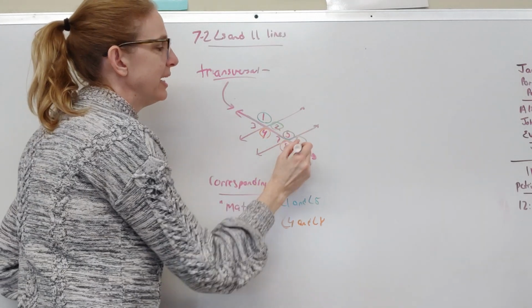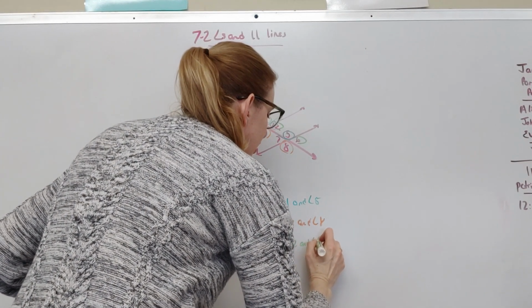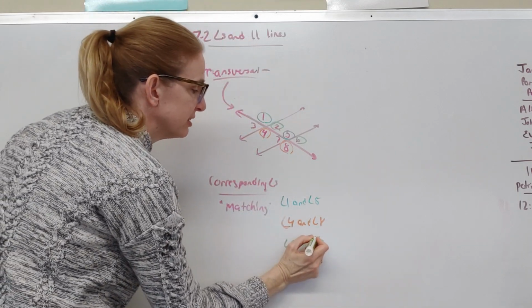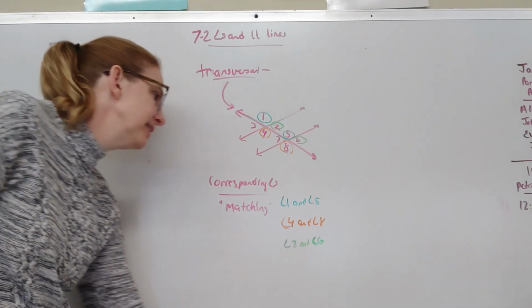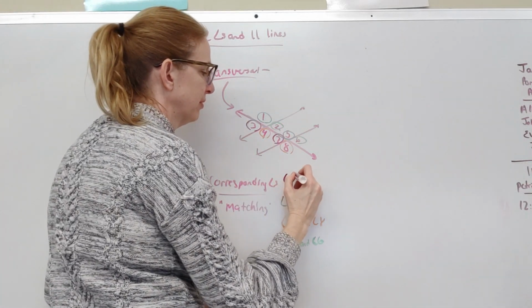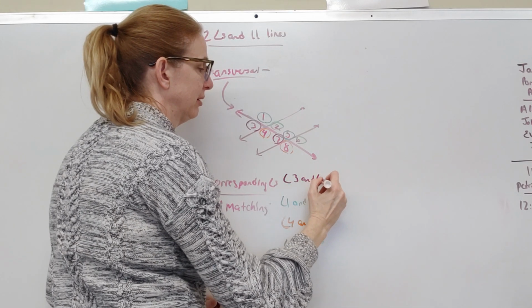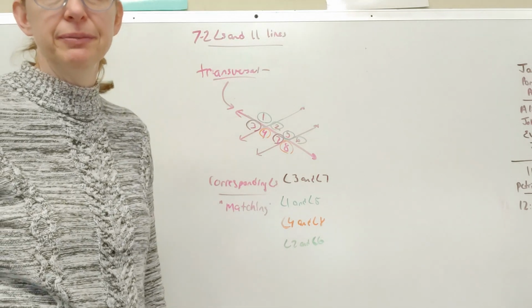Angle 2 and angle 6. Okay, angle 2 and angle 6 are corresponding angles. And there's one more pair. And what are they? Yep, angle 3 and angle 7. Okay, so those are my 4 pairs of corresponding angles in this picture.